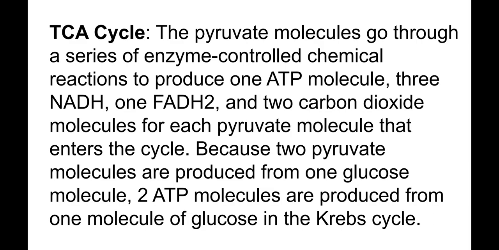It also produces 3 NADH, 1 FADH2, and 2 carbon dioxide molecules for every pyruvate molecule that enters the cycle. Because altogether glucose produces 2 pyruvate molecules, we have to multiply by 2.